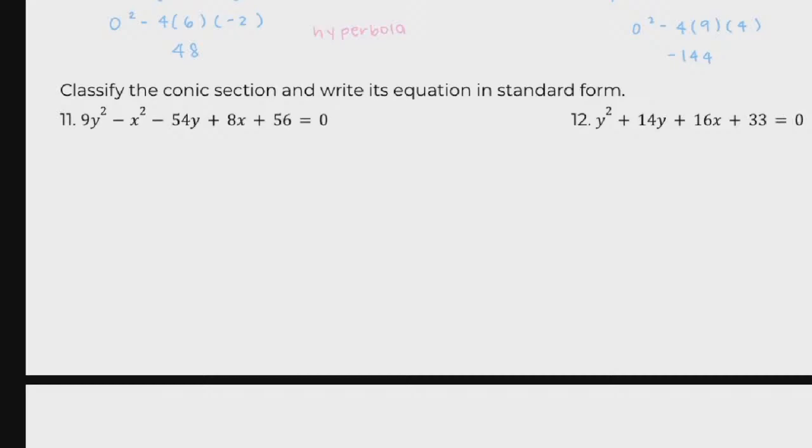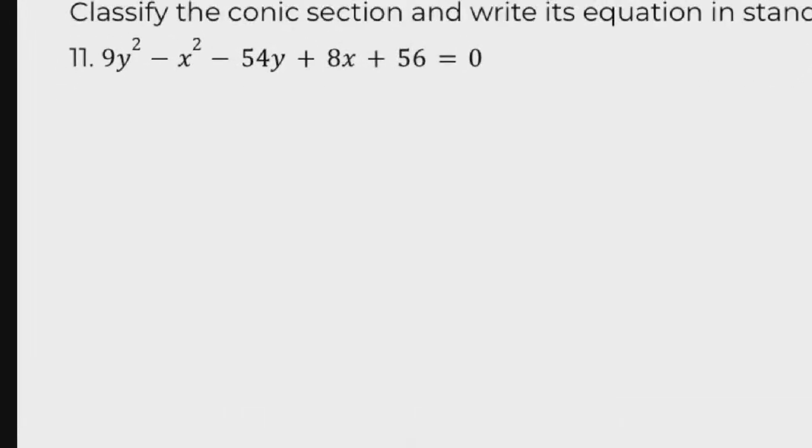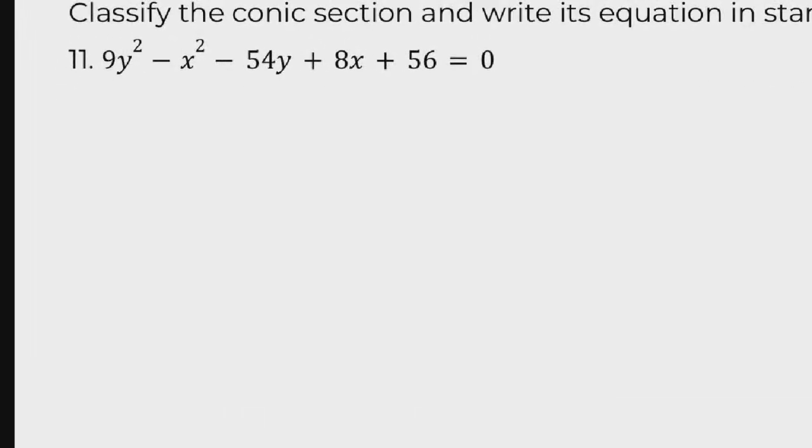Okay, and then in the last section, we want to classify the conic section and write its equation in standard form. So for these problems, we want to put all of the x's together and then all of the y's together. So I have a y here and a y here, and x here and x here.